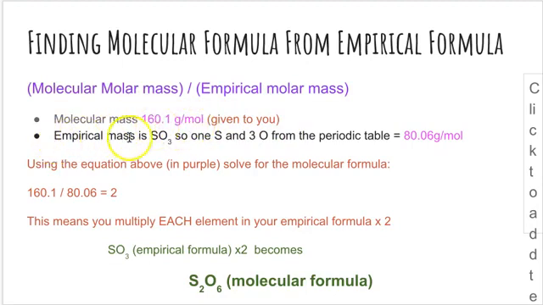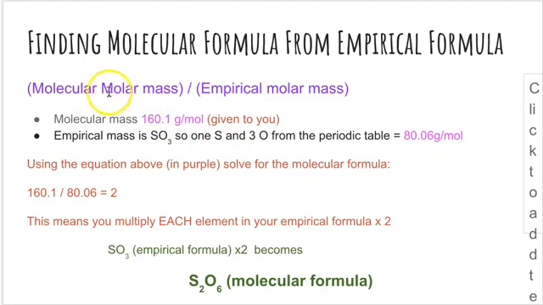To get my empirical formula mass, I need to add up SO3 from the periodic table. So 1 sulfur plus 3 oxygens gives me 80.06 grams per mole. So what this is telling you is that my molecule is twice as big as my empirical molecule.